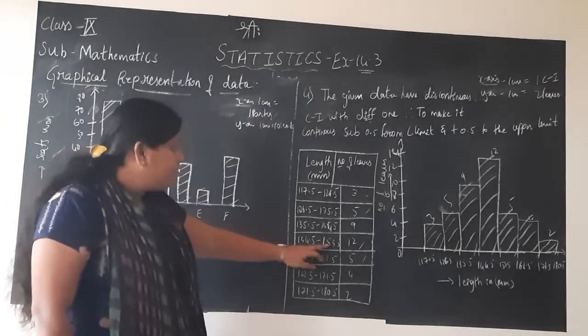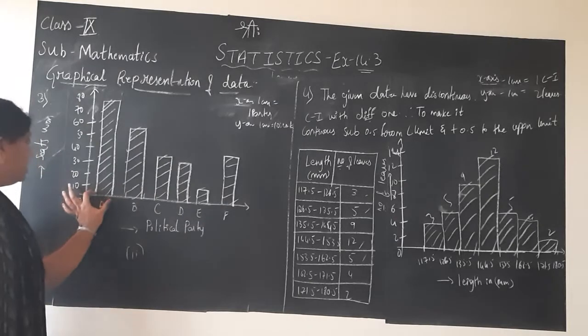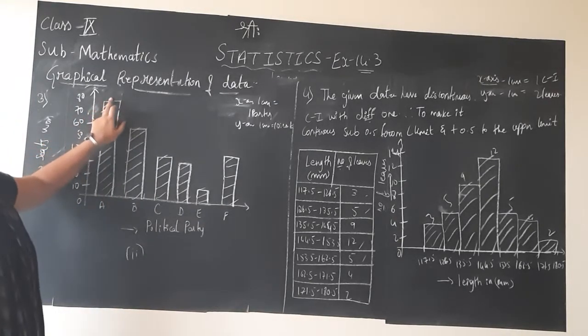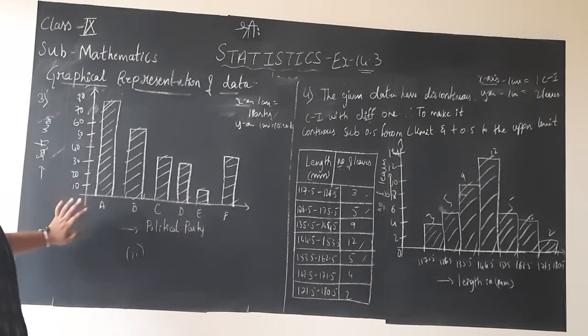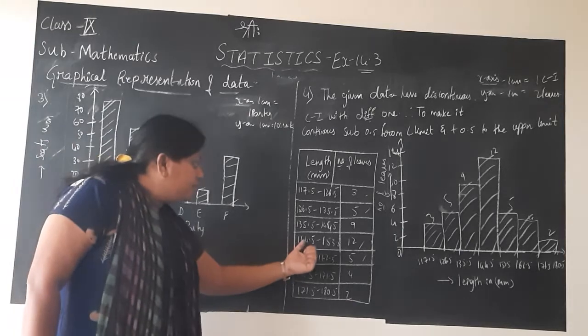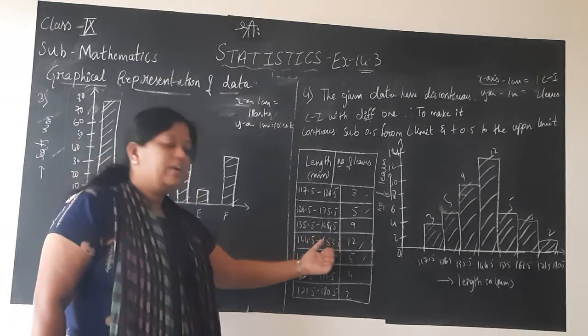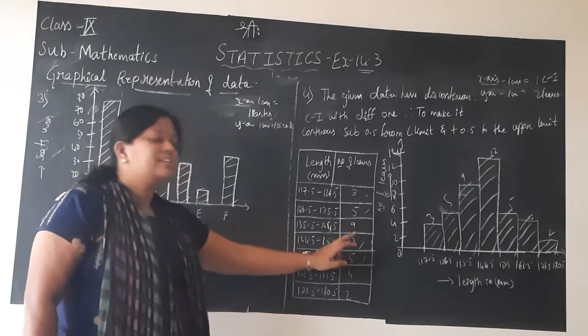If only 153.5 was there, then we could say 12. Here, political party A had 75 votes, so we said political party A has won the maximum number of seats. Here the data was not continuous, but in this case, 12 leaves are somewhere in between the lengths 144.5 to 153.5.